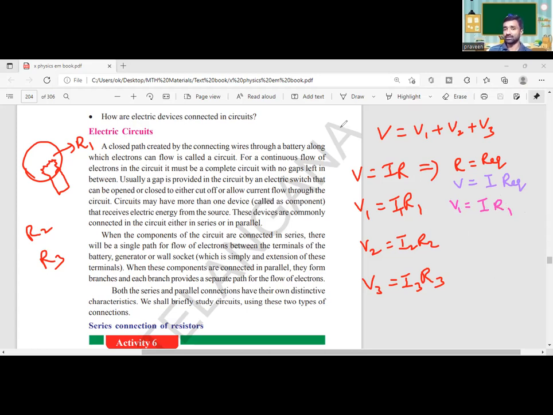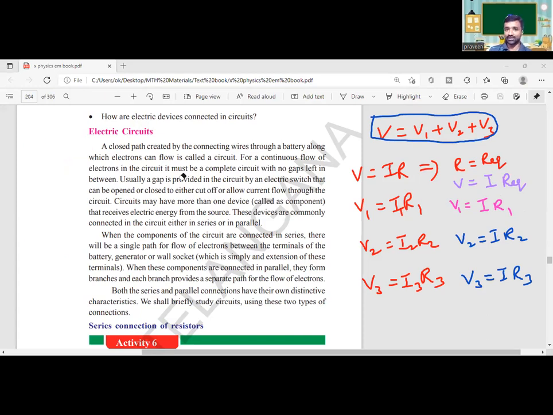Similarly, you can write the equation for V2 using the same current I, with resistance R2. Then V3 equal to I R3. Then substitute in the relation V equal to V1 plus V2 plus V3. Then you are able to write the relation like this.